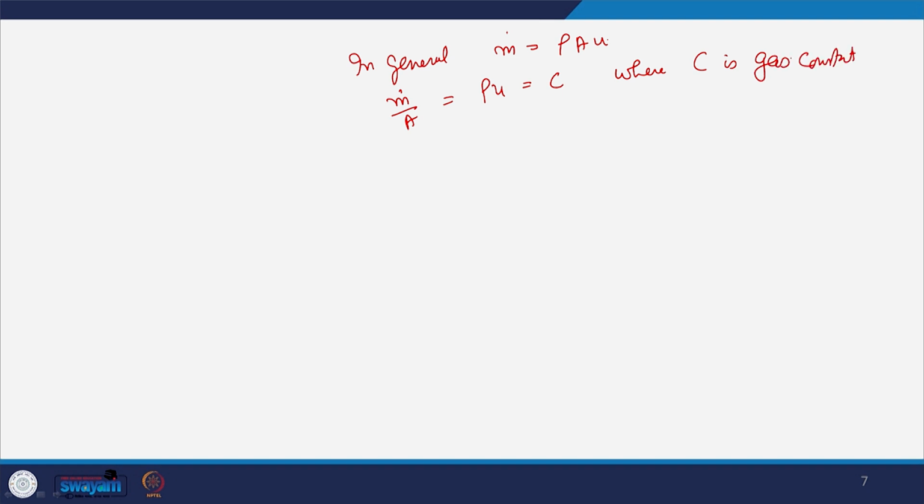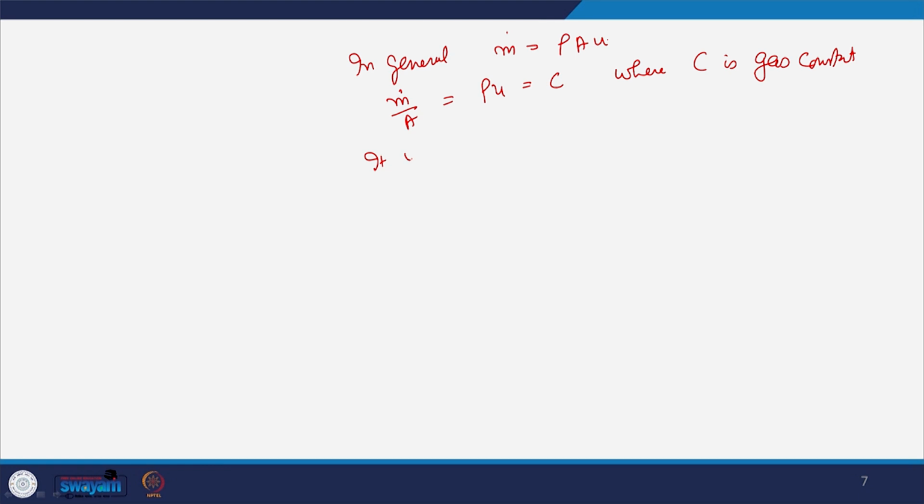So, in general we can say that m is equal to rho A U. Now, m upon A is equal to rho U, and that is equal to C, where C is a constant.